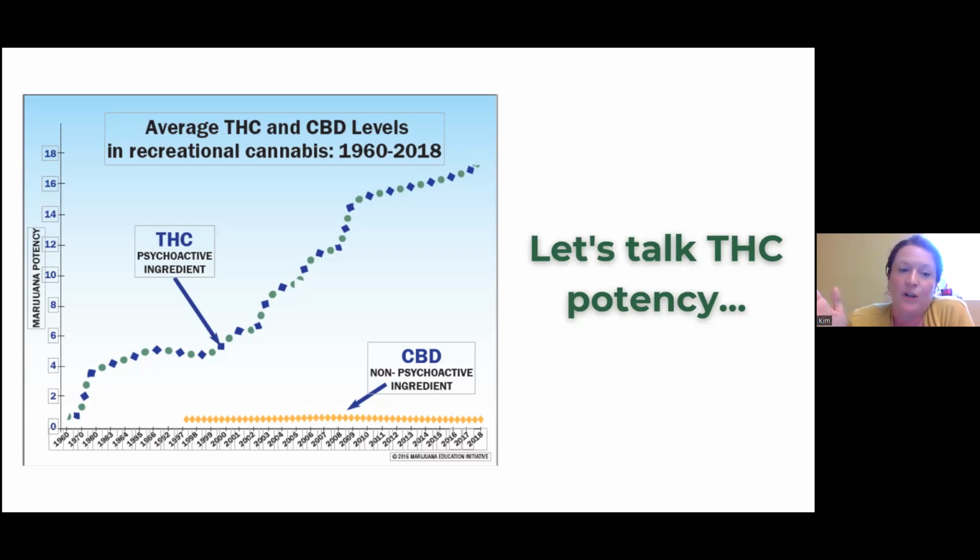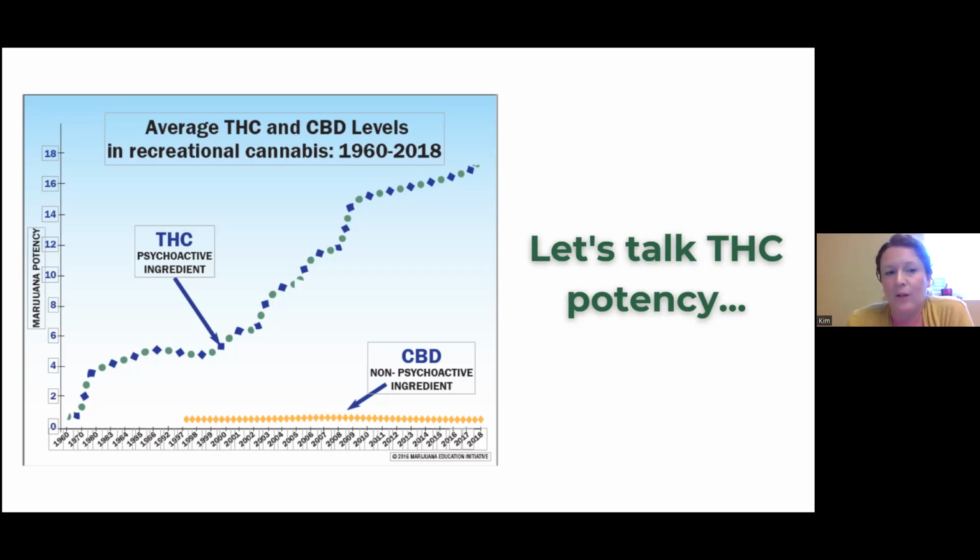As the years have gone on, we have seen a major increase, but even as early as the early 2000s, we were only looking at anywhere between 5 and, at the highest, 9% THC levels in the marijuana that people were using. As we have moved into the 2000s, we have seen our THC levels increase exponentially, right?